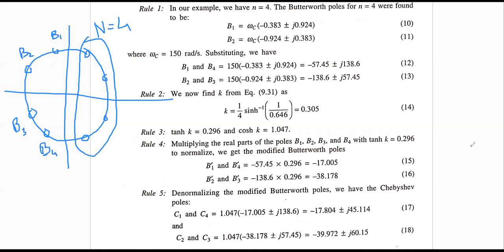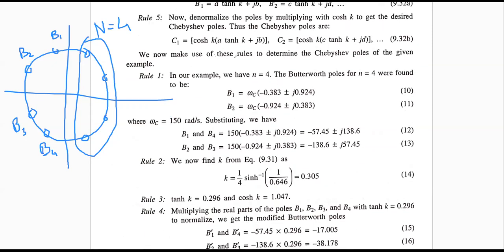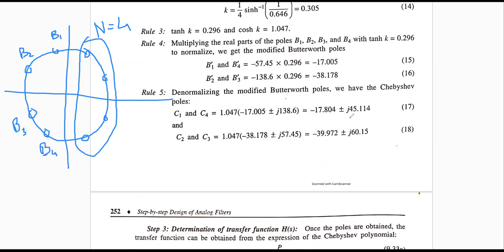How? I can just move forward, and this is the final equation, C1 to C4. How can you find that? This formula is there, in which there's a plus and minus, by which you can find the 4 locations. So these are the 4 poles you can find. This is 2 and this is 2.